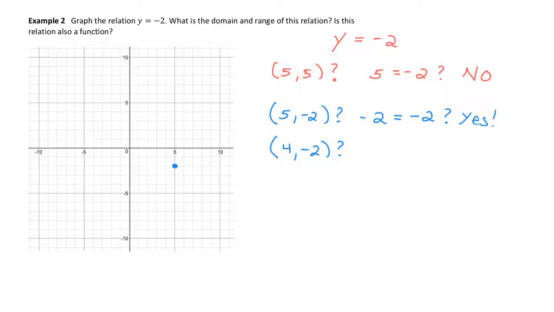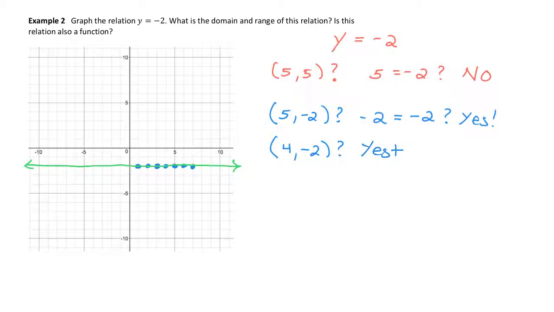So the point 4, -2 also works. But so does 3, -2, 2, -2, 1, -2, 6, -2, and so on. We get all of those points. I think I know what the entire graph looks like. It's going to be the horizontal line that goes through y is equal to -2. All right, so that's good.